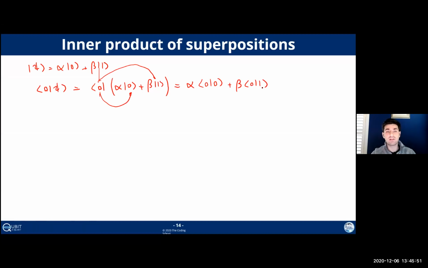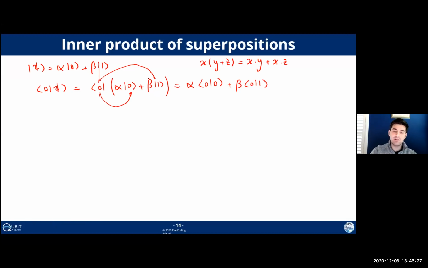And again, this is very similar to what you've already seen over and over in high school algebra. For example, going away from the quantum world, if you have x times y plus z, that is equal to x times y plus x times z. And this property is called linearity. We'll see it again, but just remember that for the bracket and for the inner product, it works the same as what you're accustomed to in algebra.